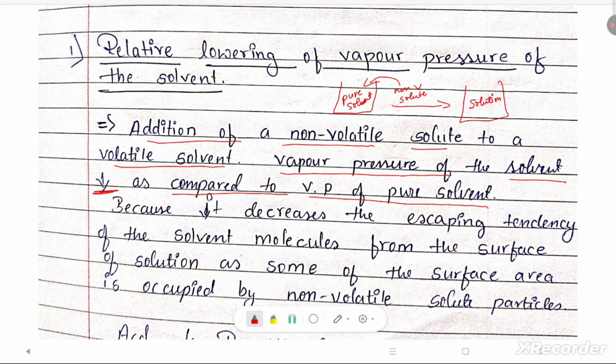Before adding this non-volatile solute, the vapor pressure of the solvent is more. After adding the non-volatile solute, the vapor pressure will decrease. That is what they are telling: addition of non-volatile solute to the volatile solvent, the vapor pressure of the solvent decreases compared to the vapor pressure of the pure solvent.